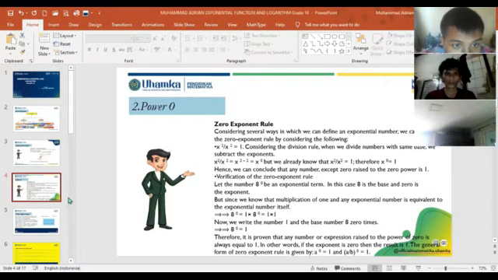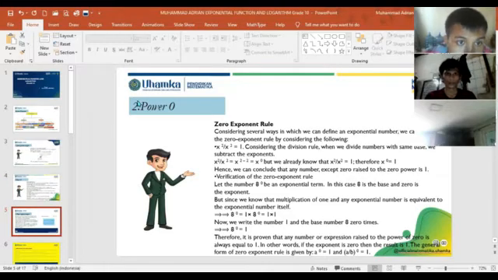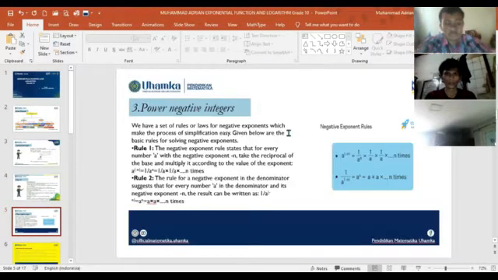So number 3, power of negative integers. We have a set of rules or laws for negative exponents which make the simplification process easy. Below are the basic rules for solving negative exponents.